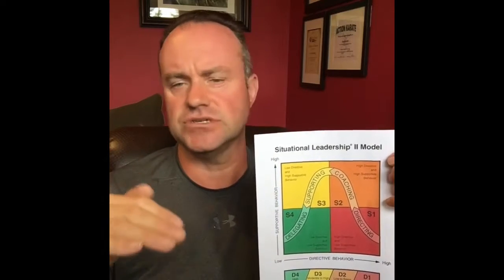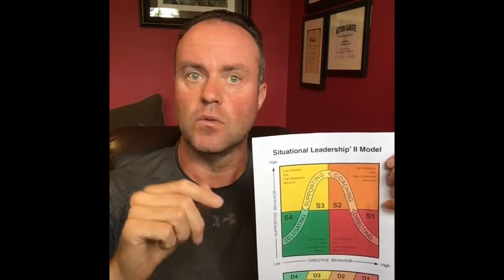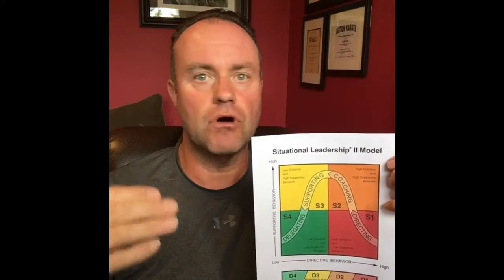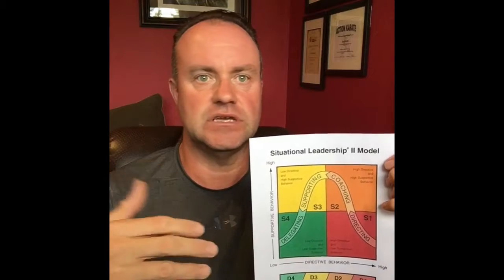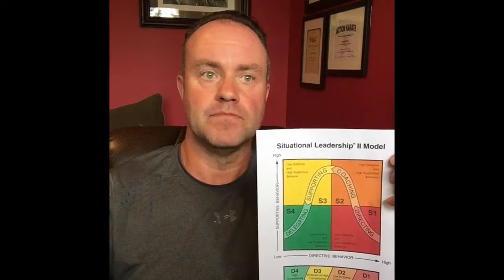So you could have a highly skilled, highly educated guy or gal, awesome at their job, but when they are faced with an entirely new role, a new task, a new activity, a new challenge that they've never faced before, they quickly become an enthusiastic beginner in that situation. So, for example, if tomorrow you ask me to build an aircraft engine, I am going to need you to tell me exactly what to do and how to do it.